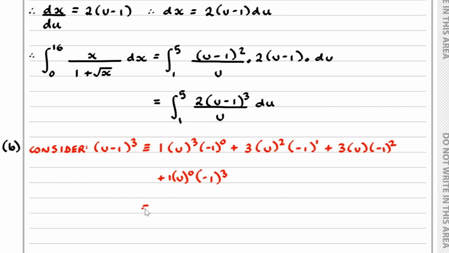So what we end up with here, if we tidy all of this up, is u cubed minus 3u squared plus 3u minus 1.